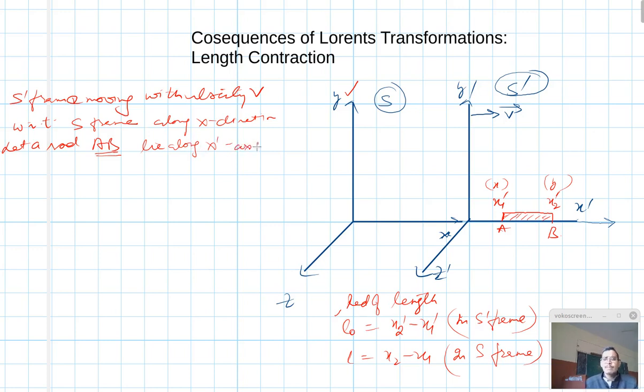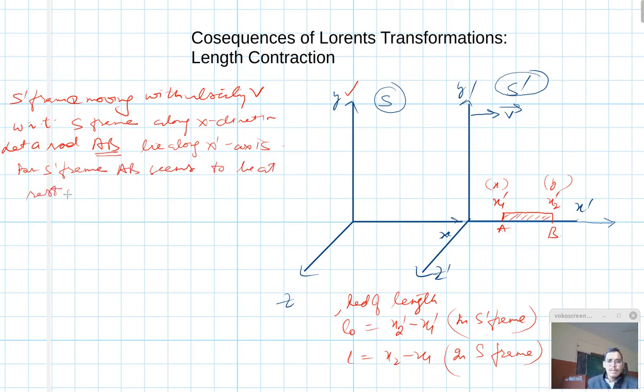It lies along the x prime axis, and for the S prime frame, AB seems to be at rest, right?